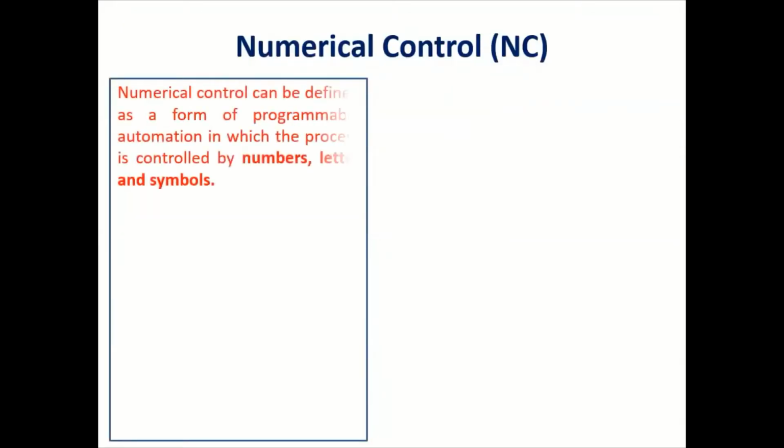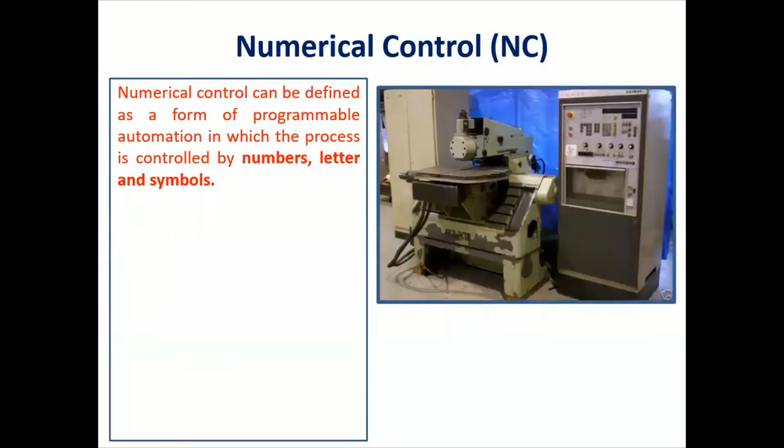Numerical control is popularly known as NC machine, which is very commonly used in machine tools. NC machine is a programmable automation in which the process is controlled by number, letter, and symbol.